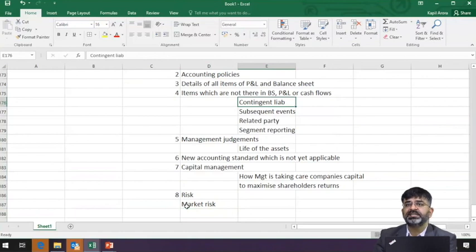So you may find that the requirement is there on how companies are actually managing the capital. It may not be a detailed note if the company is not taking care of something, but it could be something mentioned there under capital management. Or maybe I'll try to find out, then we'll share some relevant example with you.